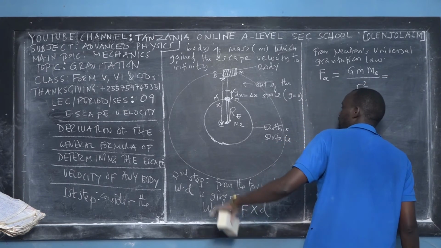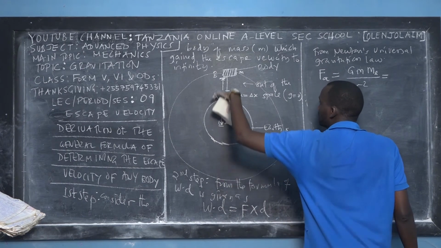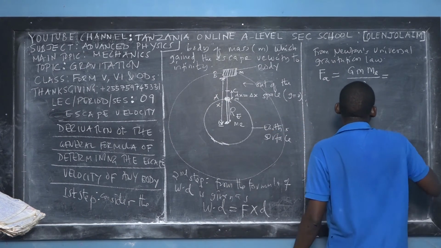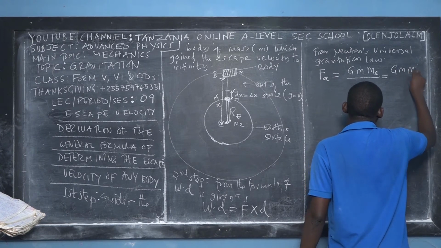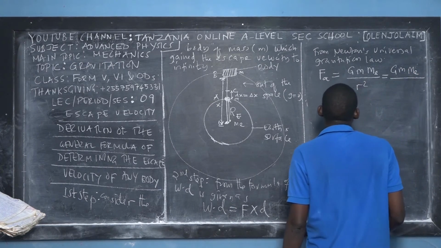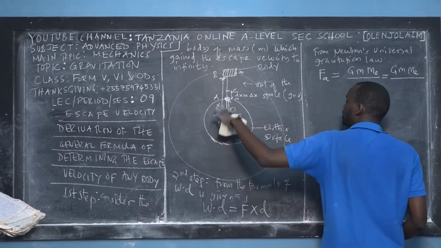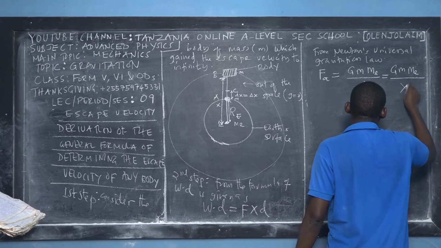And the radius for this case is the distance from the center of the S to the point B. So this is gravitational constant, mass of the body, mass of the S, over what? The radius for this case is x squared.